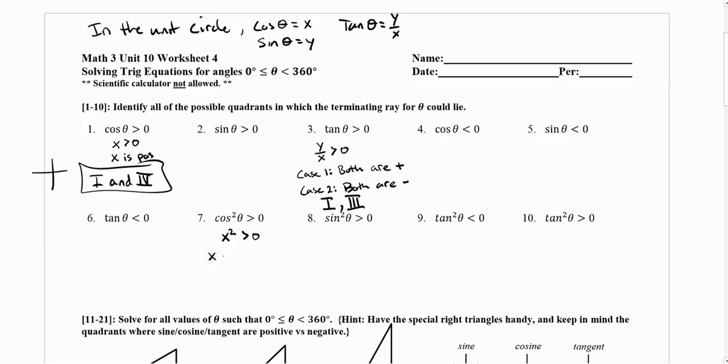Well, x is positive would work, right? Or x is negative would work, because if x is negative and you square it, it's still going to be positive. And so x could be positive or negative. So it doesn't matter which quadrant we're in, it's going to be true in all 4 quadrants. Quadrant 1, 2, 3, and 4.